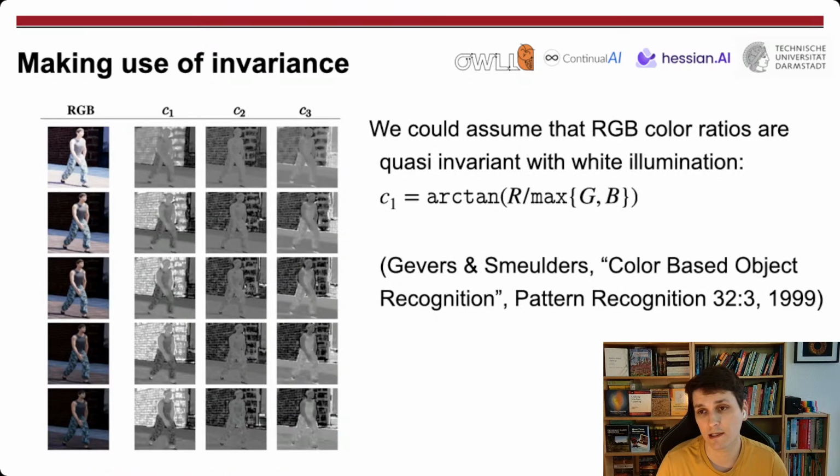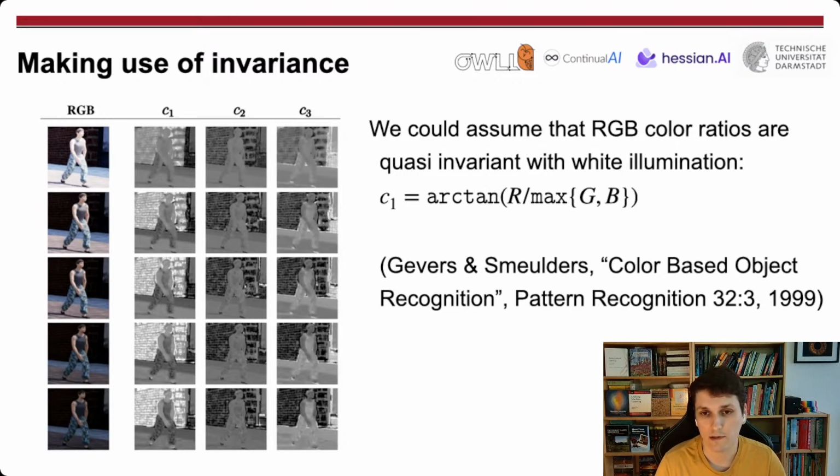And so the key idea here is, for example, that if we know that illumination is an issue in the real world, we could make use of the idea that RGB images are very heavily affected by illumination changes. But what is not so much affected, what is actually quasi-invariant, is color ratios.